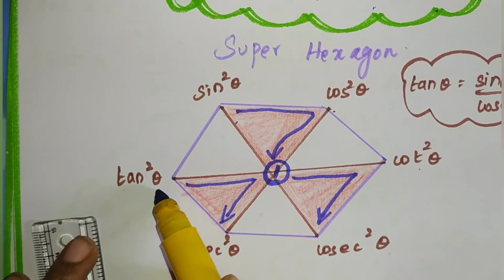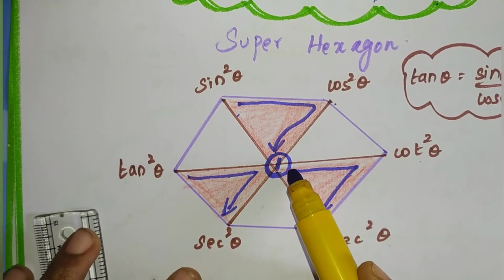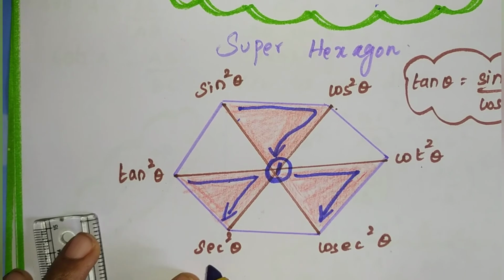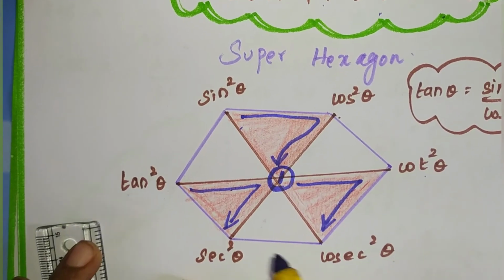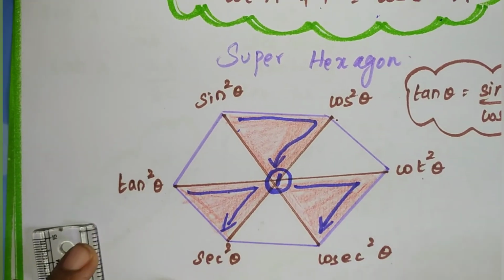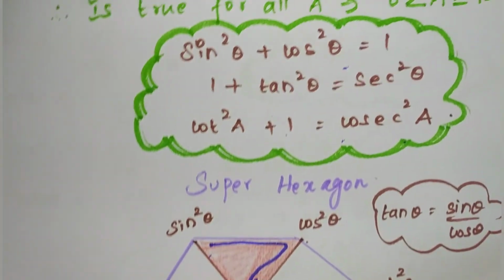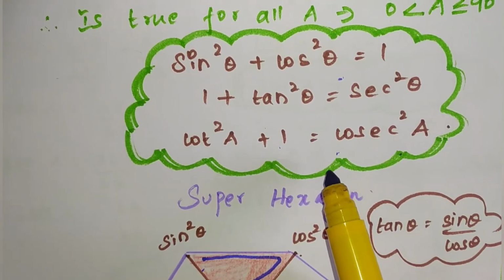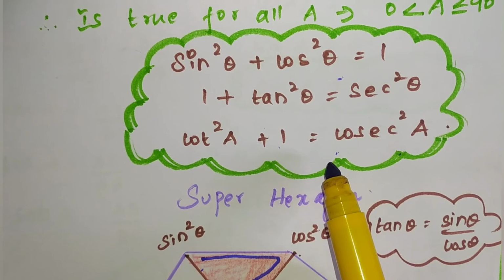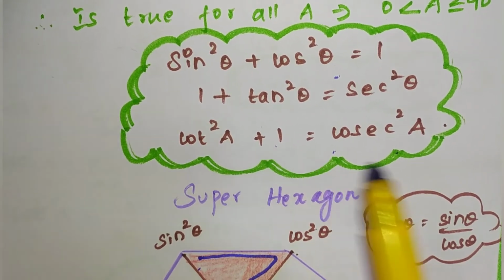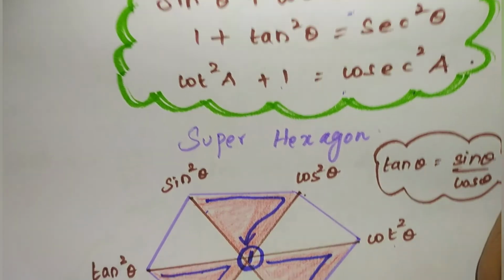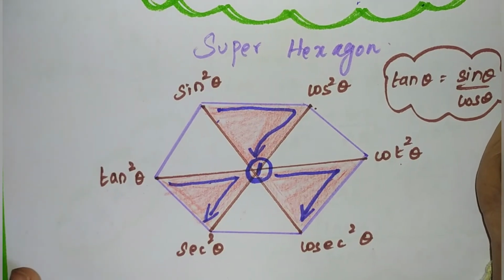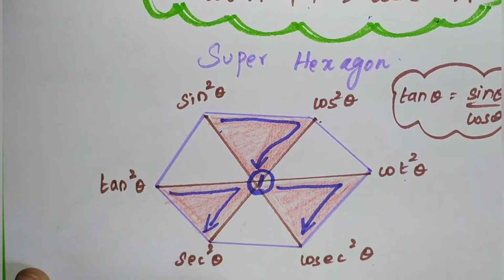Like this we can easily remember the 3 important trigonometric identities. Clear? By using the super hexagon. First you have to draw a hexagon.